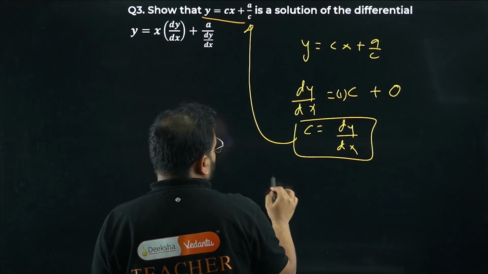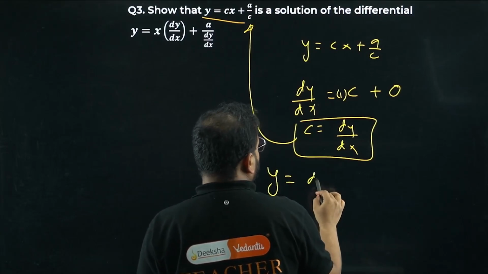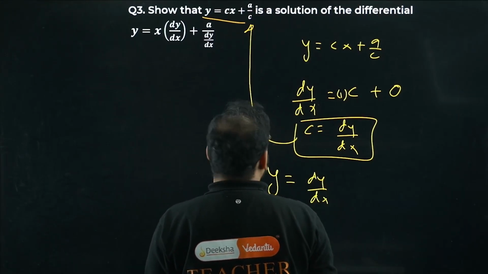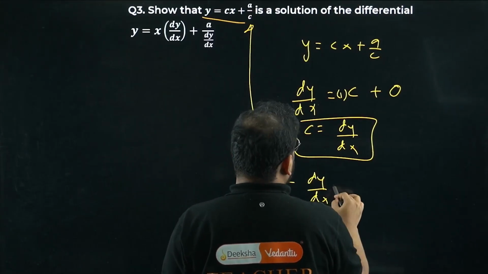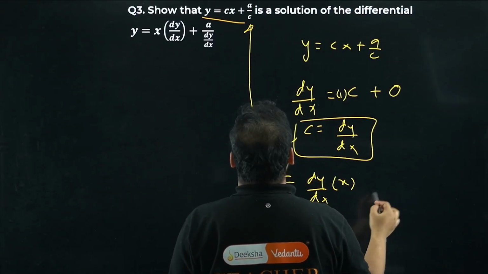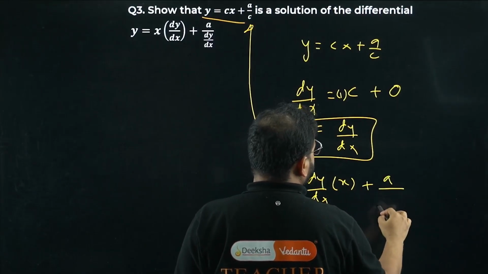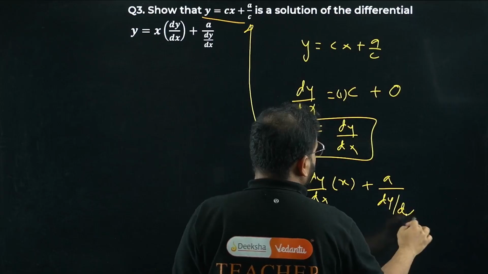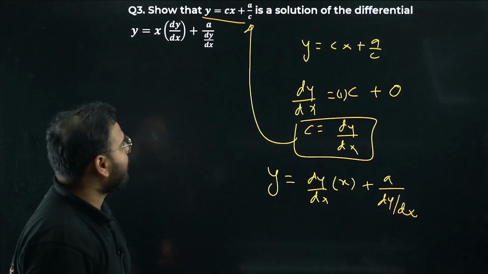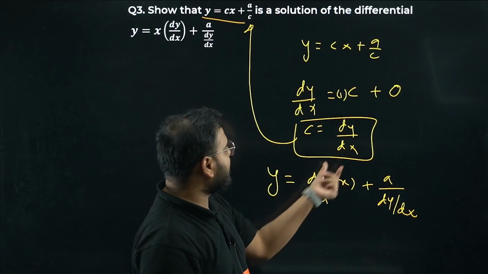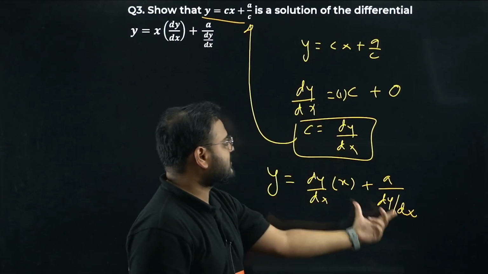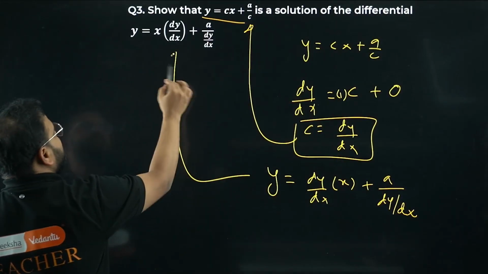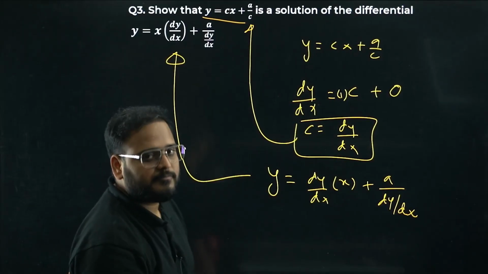Have a look. y equals dy by dx times x plus a upon dy by dx. Correct? The c value is dy by dx, so replace c by this. This is the same as this. Very simple.